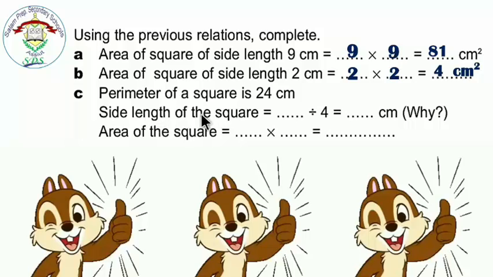Side length of square equals perimeter of square divided by 4. Perimeter is 24 centimeters divided by 4 equals 6 centimeters. So area of the square equals side length times side length. 6 centimeters times 6 centimeters equals 36 square centimeters.